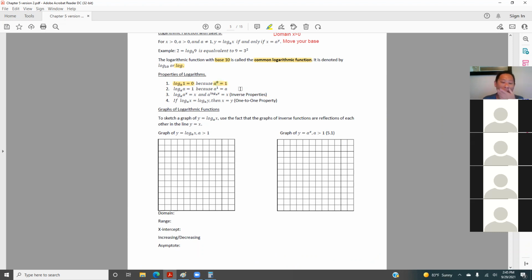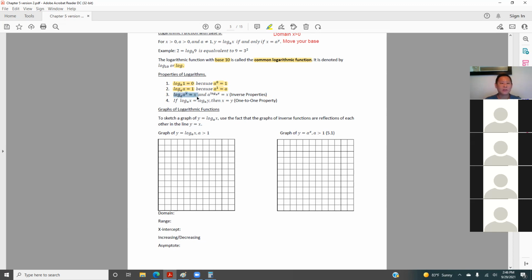If you do log base a of a, your base and your argument are exactly the same number, so you get 1. Because when you move the a to the power, you get a^1 equals a.